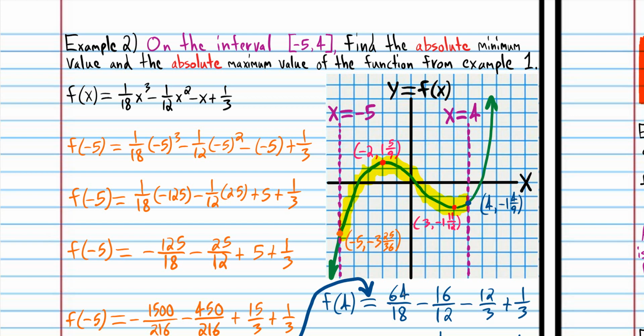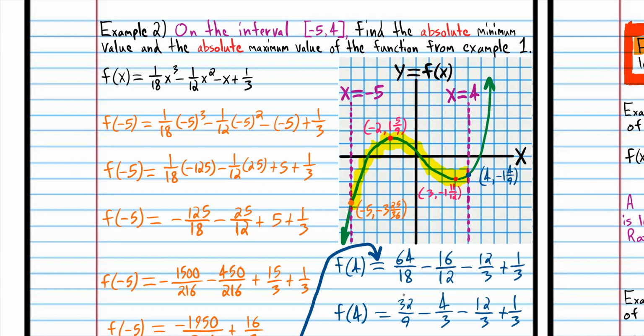So this problem says on the interval -5, 4, notice it's giving us a finite interval now. On the interval -5, 4, find the absolute minimum value and the absolute maximum value of the function from example 1. So now we have the same function that we had before, and we used calculus to find these pink points. We found the coordinates of the point on the top of the hill, and we found the coordinates of the point at the bottom of the valley there.